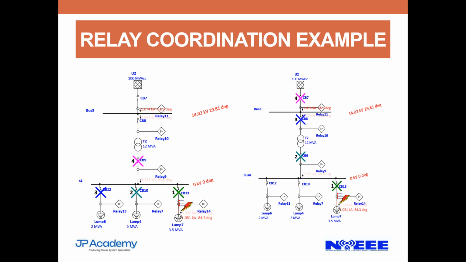So when there is a fault on lump 7, you expect that CB13 should operate. If CB13 fails to clear the fault, CB9 should operate.